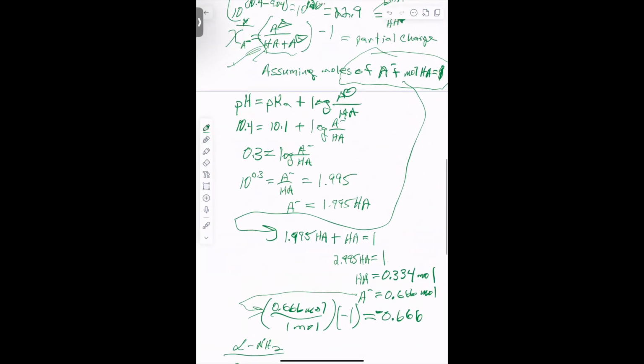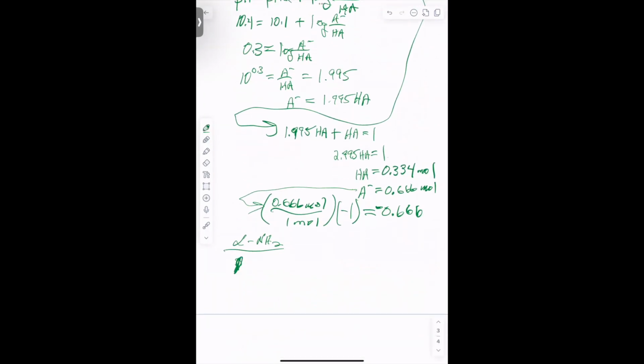Okay, and I'll just set it up. So 10.4 minus 9.04 is equal to the log of A over HA plus, because remember I'm doing that so I remember which thing I need to do the mole fraction for.